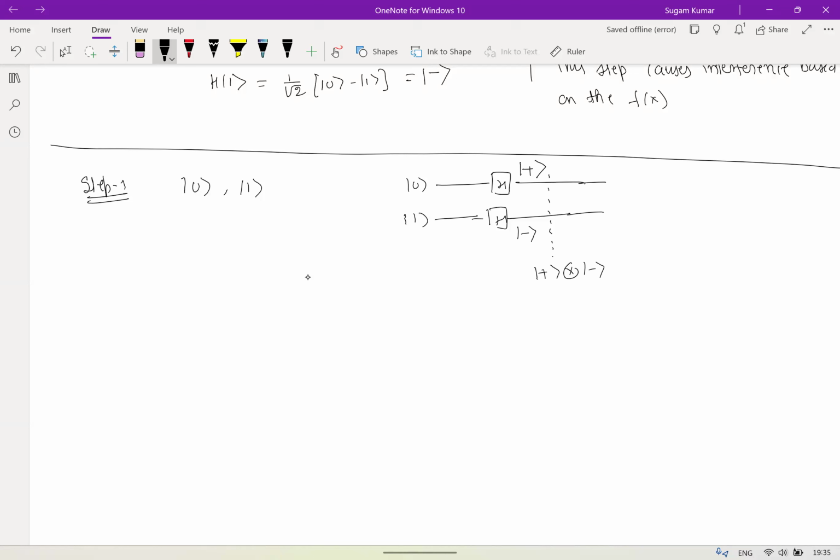After this, I'm going to put it into the oracle. Before I put this into the oracle, let me also explain one concept that is called the phase kickback mechanism.